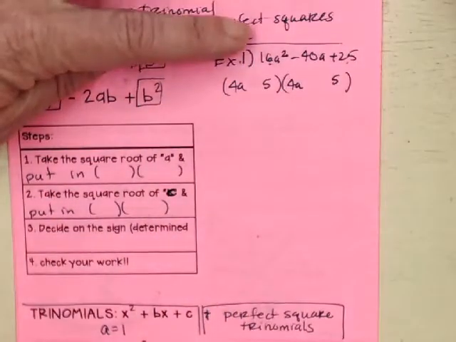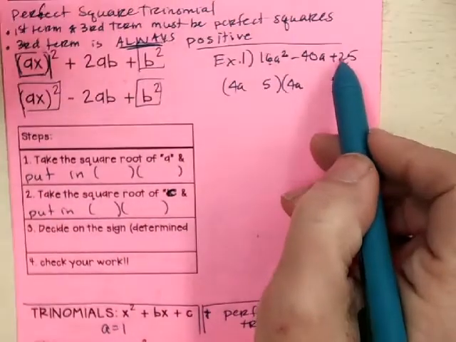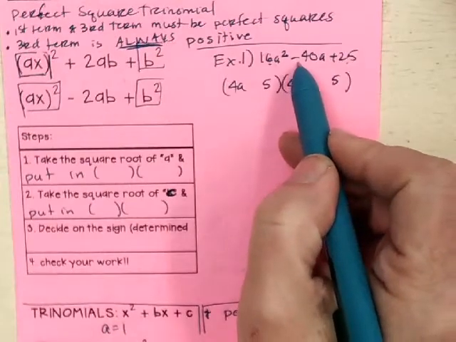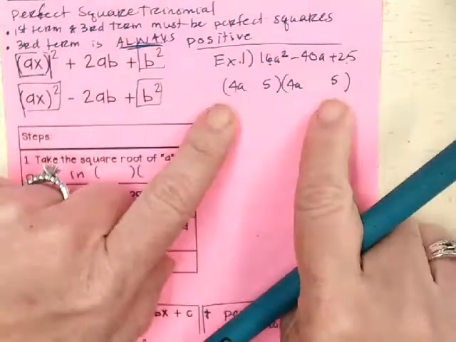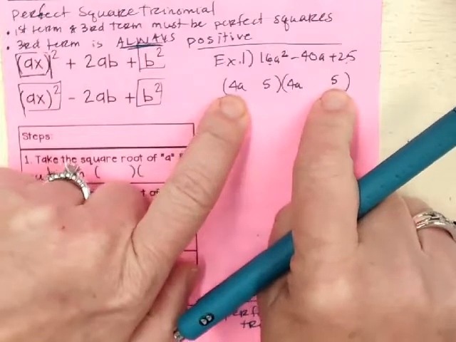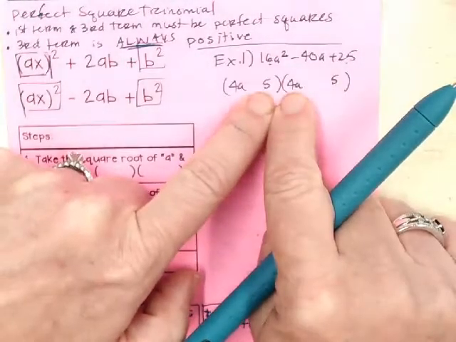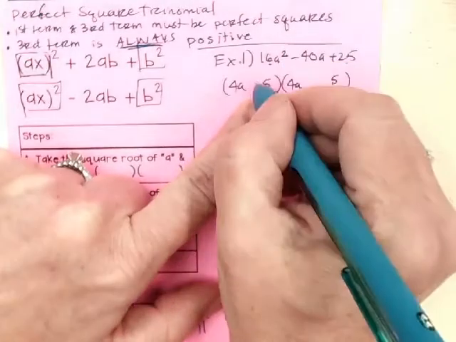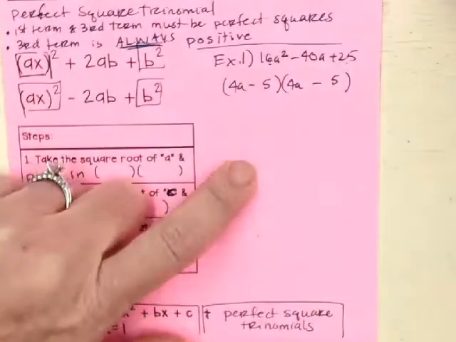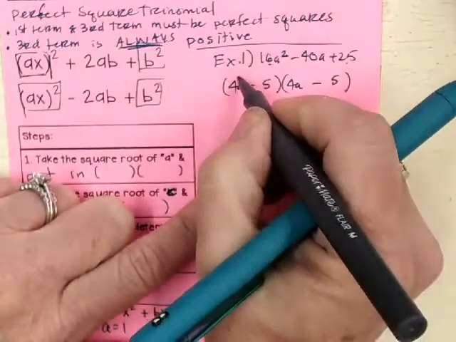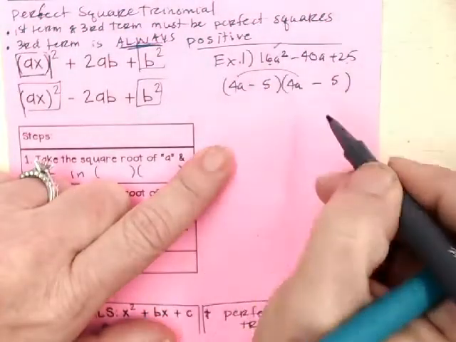And in order to get a positive 25 but a negative middle term, because when I distribute out and do my multiplying, I'm going to get 20a and 20a, which gives me 40, but I need negative 40. So I need a negative 5 and a negative 5. You follow me? 4a times 4a gives me 16a squared.